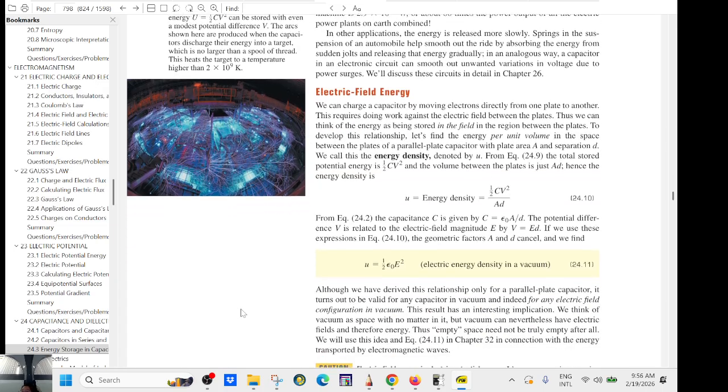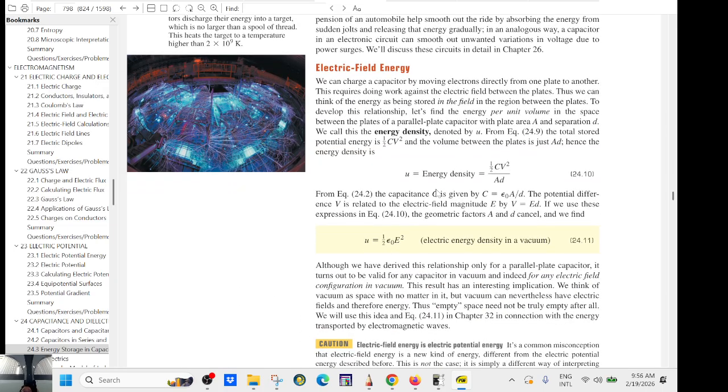Then you can do the computation here. We have what is called the energy density, which is the energy stored in an electric field per volume. It's proportional to E squared, the electric field squared.